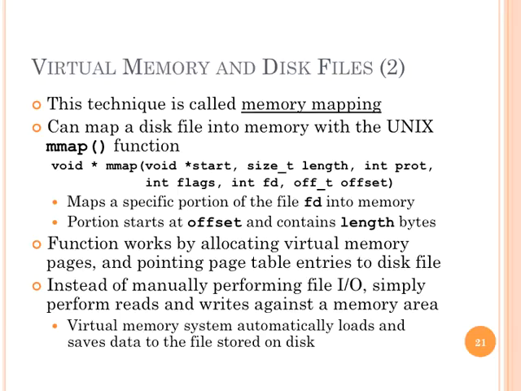I don't want to talk about this too much, except that if you want to write really high-performance software that does a lot of very fast I/O, memory mapping is your friend. Because basically you are getting as close to the actual data on the disk as you possibly can, just leveraging the virtual memory system to load that stuff.